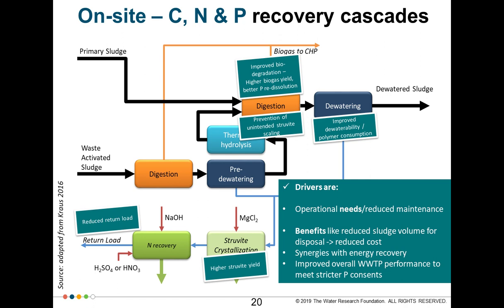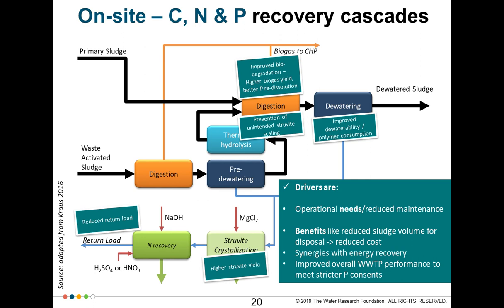Because the bigger plants already have digesters in place, you can trigger the biodegradation within the digesters by sludge disintegration, for instance, by applying thermal hydrolysis, which not only increases your biogas yield, it also increases your P redissolution, which will then allow to recover more phosphorus, which is dissolved in the aqueous phase of the sludge, be it as struvite or other crystallized materials.